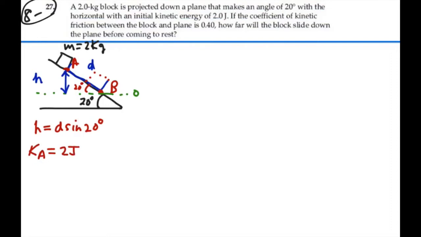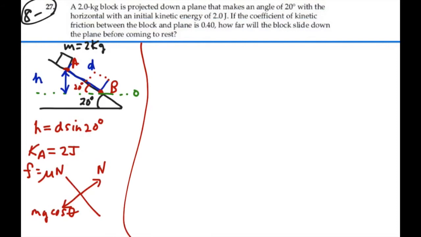and we have a frictional force. Now the frictional force is going to equal mu times the normal force. As this thing is going down this incline, the normal force is going to be equal to the component of gravity, mg cosine theta. So this frictional force, which is mu times normal force, is going to be equal to mu times mg cosine theta.